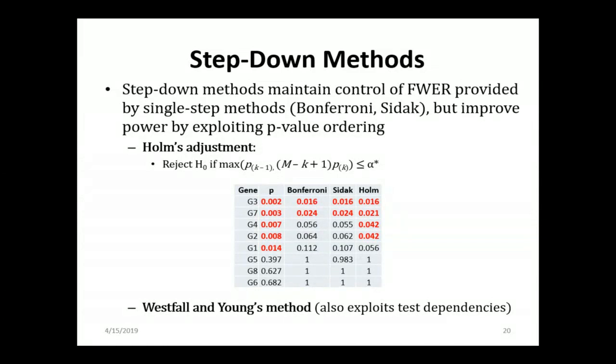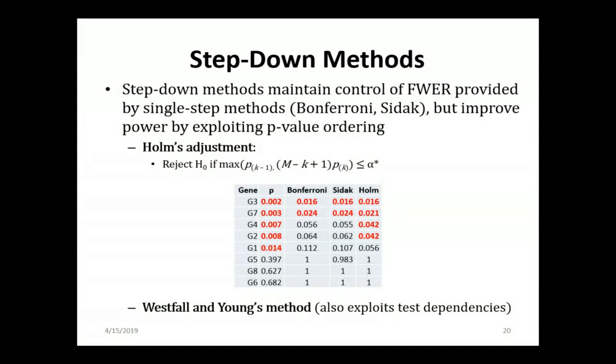So step-down methods are generally the preferred method when your goal is to control the family-wise error rate, for this exact reason: they do in fact control it, but they do a much better job of preserving power.